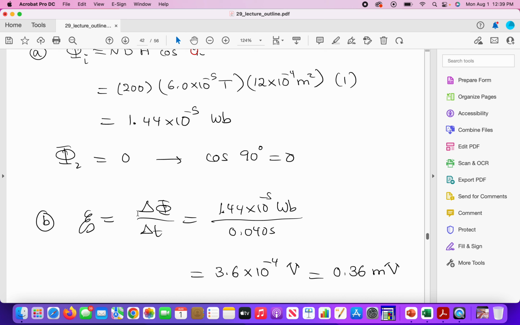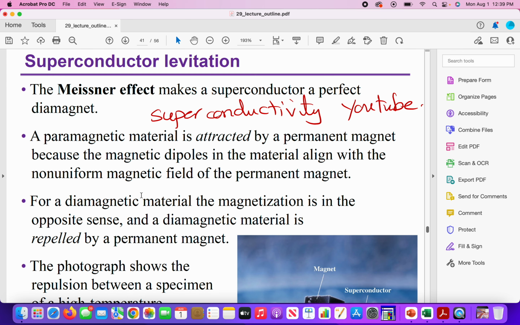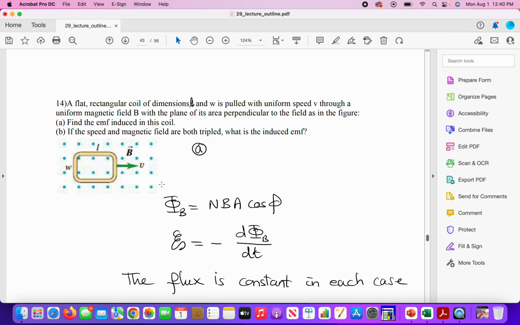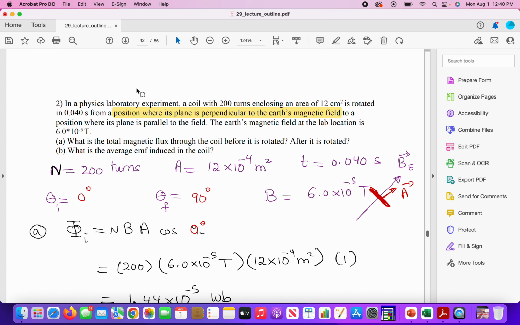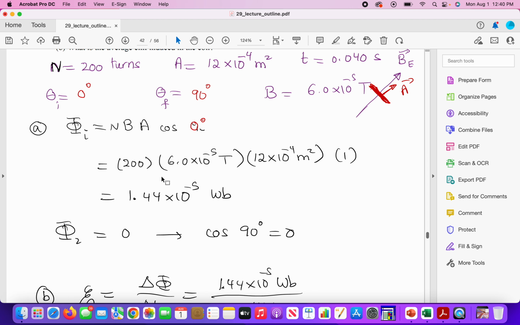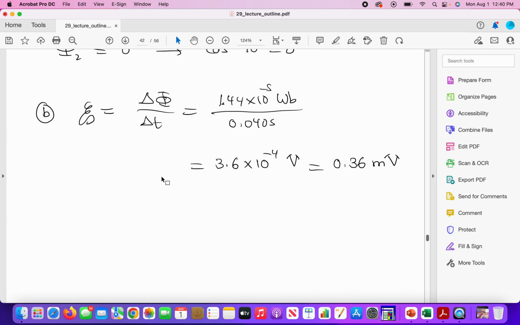This one should be negative, but we have 0 minus the initial flux, and that takes care of it. Then I'm going to use the scroll up and down, and here I have the result.